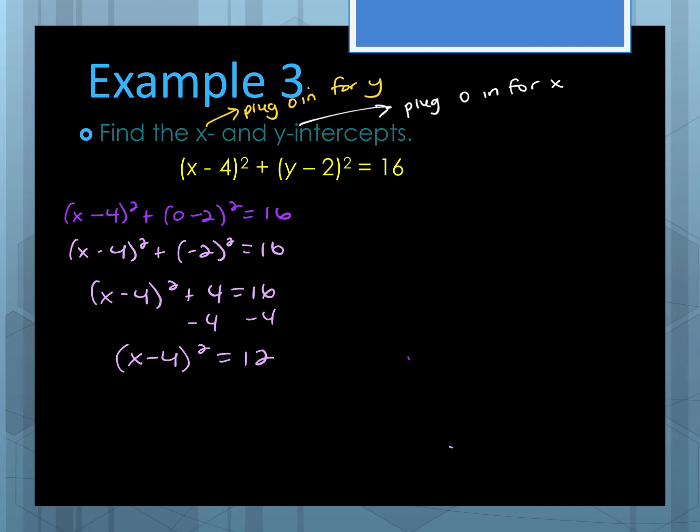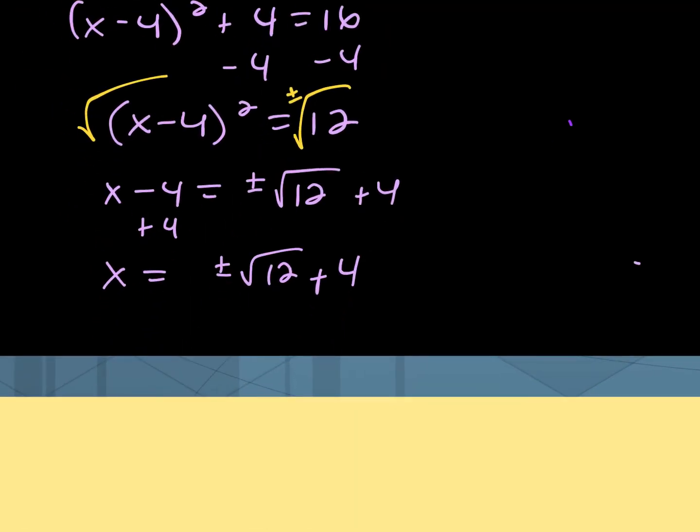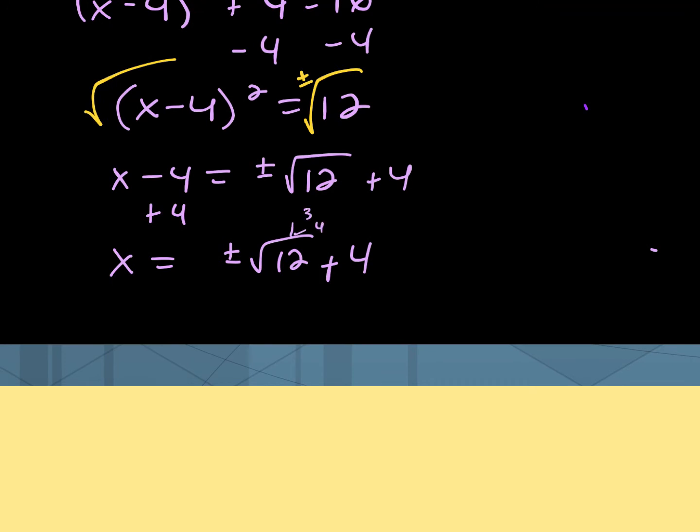And then I square root both sides, making sure I put a what in front of that square root? Plus and minus. Good. So I get x minus 4 equals plus and minus the square root of 12. And then add the 4. Twelve is 3 and 4, so that can get simplified to 2 root 3 plus 4.